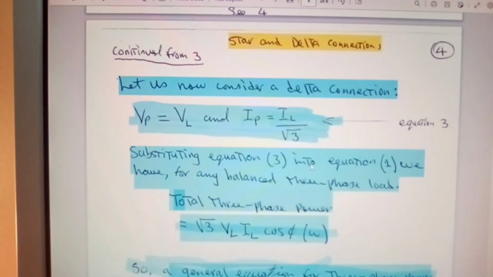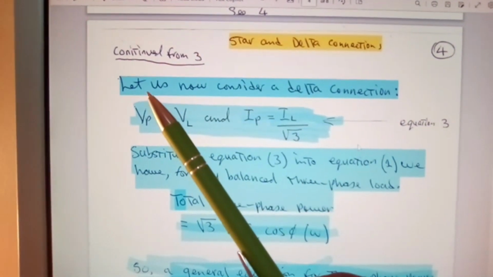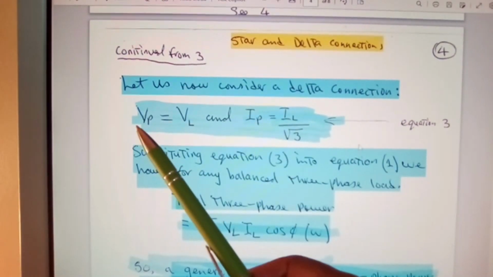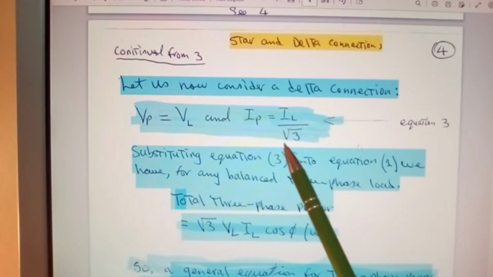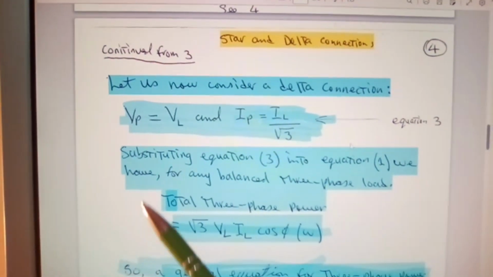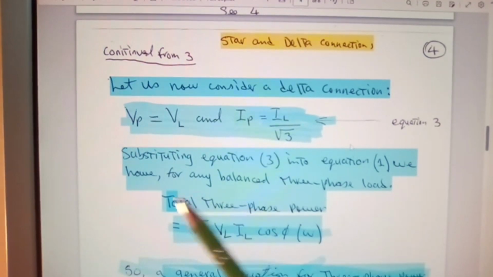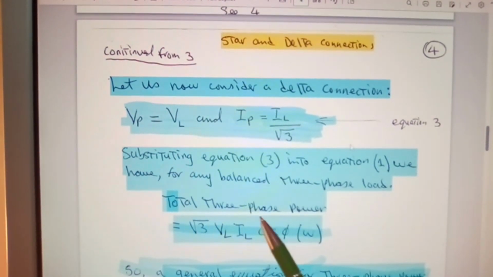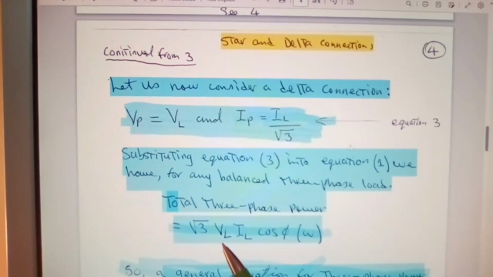And again, star and delta connection. Let us now consider a delta connection. VP equals VL and IP equals IL over square root of 3. Substituting equation 3 into equation 1, we have for any balanced three-phase load, total three-phase power equals square root of 3 VL IL cos phi.